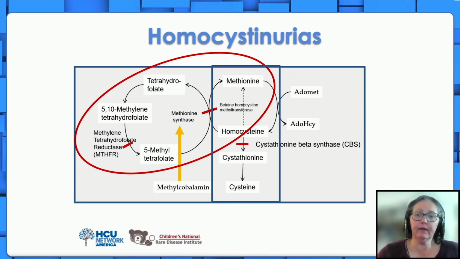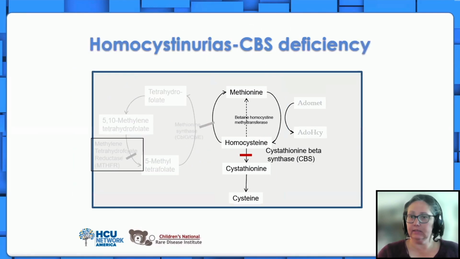The cobalamin defects, as designated by the yellow arrow, are caused by the inability to process cobalamin, or B12. Again, these are necessary for methylation and to convert homocysteine to methionine, and are treated in a different way.